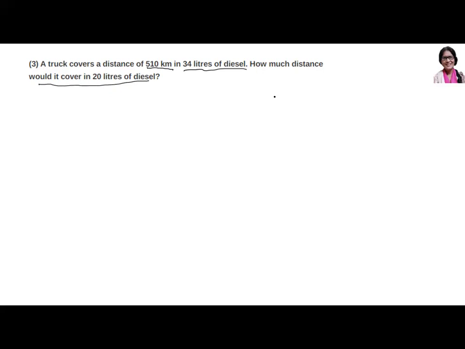But before that, let us take what is asked. It is asked how much distance would it cover in 20 liters of diesel. That means diesel is given, you have to find the distance. That means there are two quantities. One is diesel in liters, and another variable is the distance in kilometers.